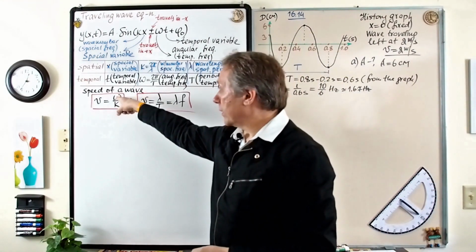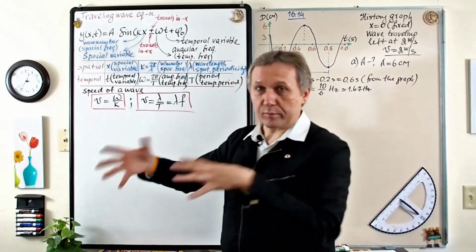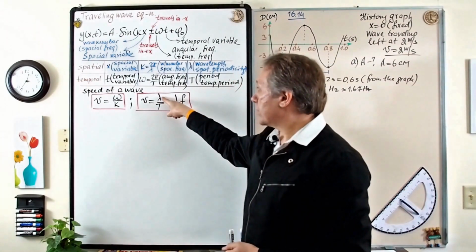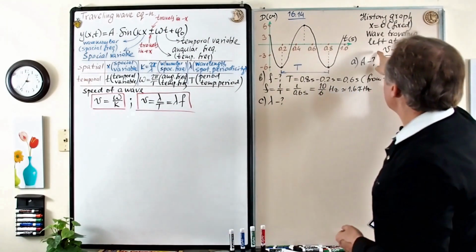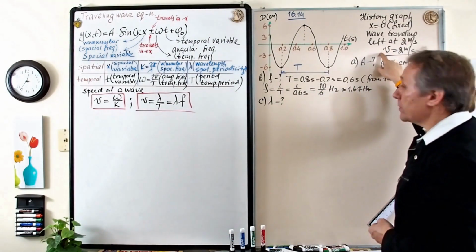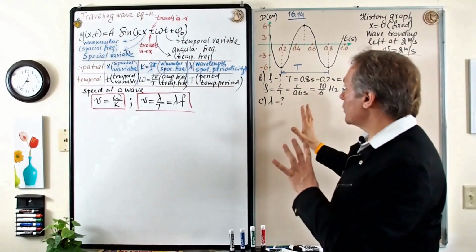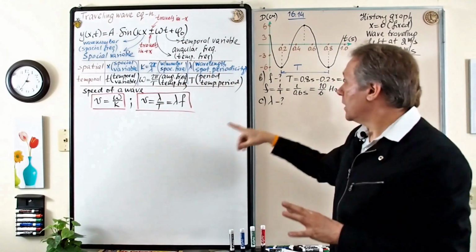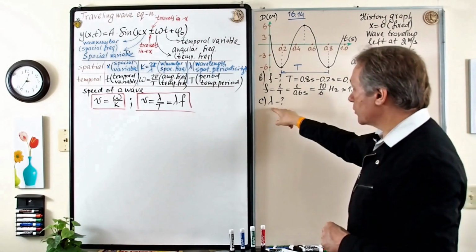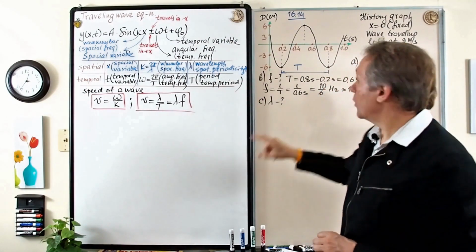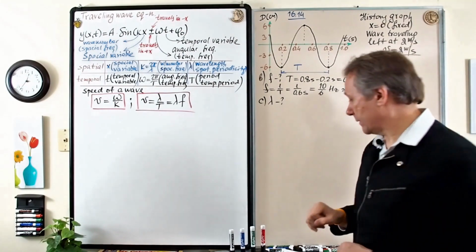Omega from the temporal world, k from the spatial world. And we know information about the speed, so it allows us to move and find parameters from the spatial world. So now, since we need to find spatial periodicity, we have to use V.